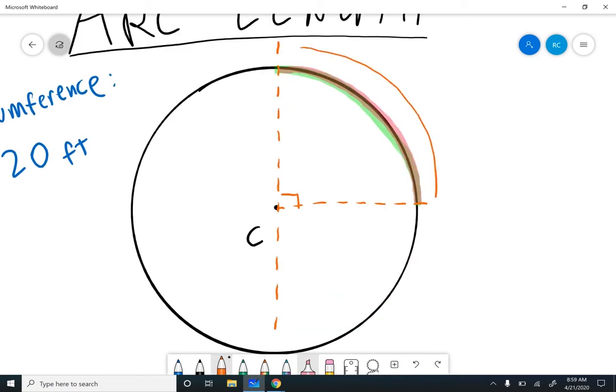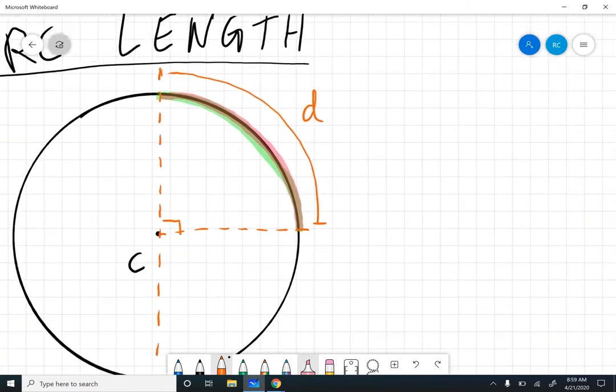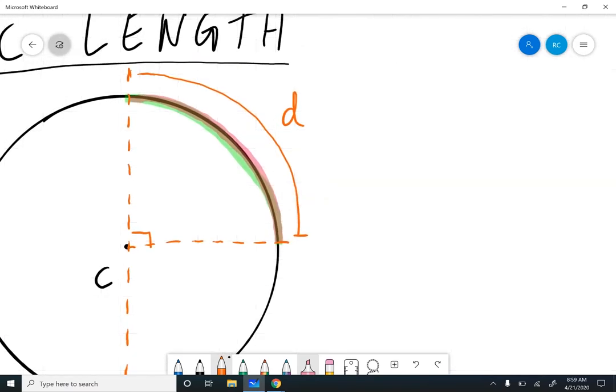Now, what is this distance 1/4 of the way around? Well, I hope that if you're looking for 1/4 of the circumference, you could take 1/4 of the circumference. But 1/4 times 20, that's 5. It's the same thing as 20 divided by 4.